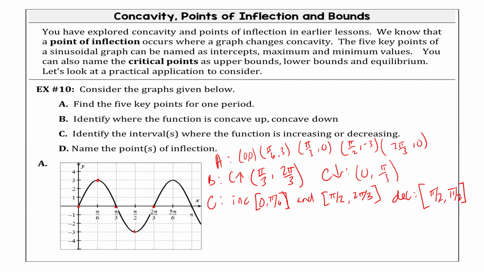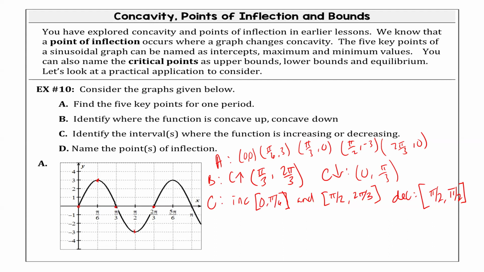Key points, concavity, increasing and decreasing. You can put the U. Okay.